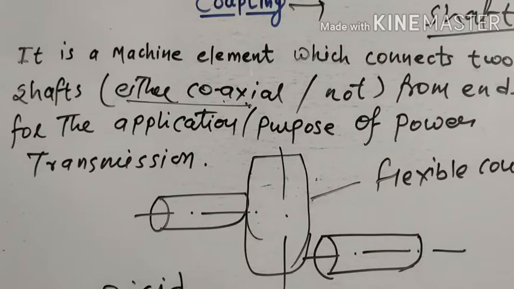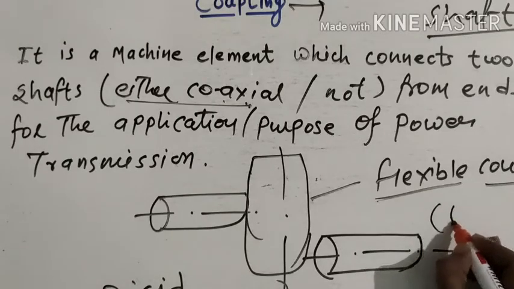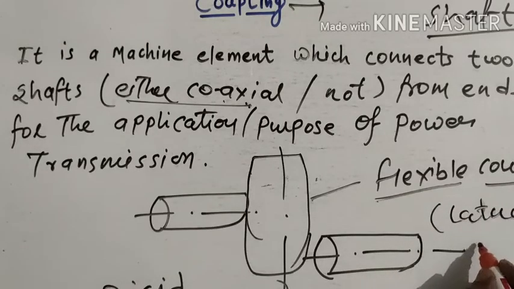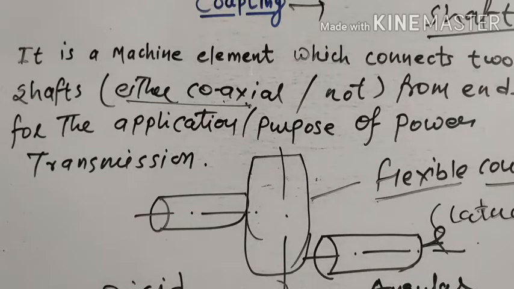The flexible coupling handles both lateral and angular misalignment, so that there is no confusion between the rigid coupling and the flexible coupling.